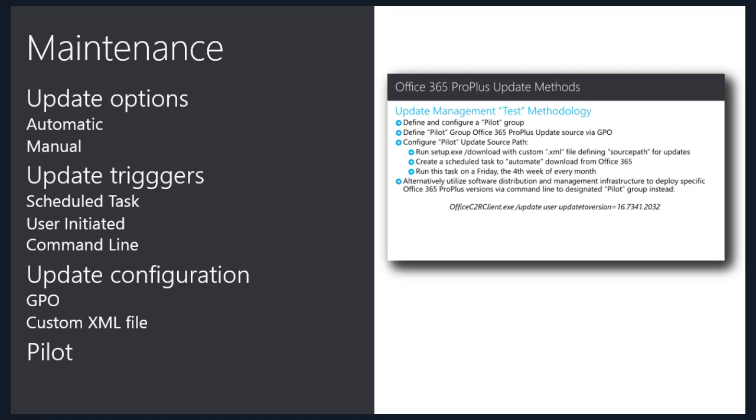And you can use these XML file and group policy tricks to create a pilot group where you can automate the download, deployment, and testing of the updates before going into the organization-wide distribution.